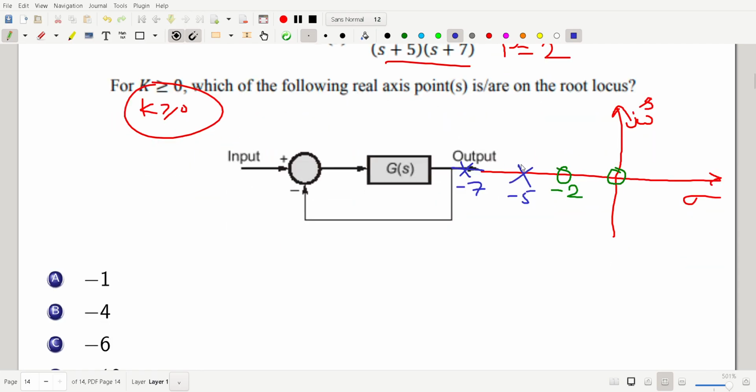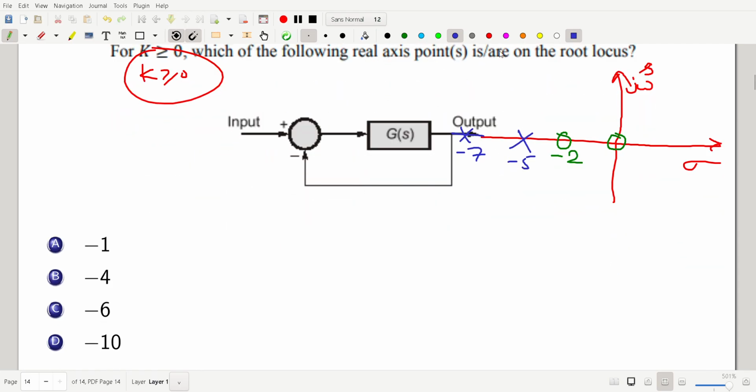Let us distinguish the regions here, this region and this region, and so on. There are 5 regions. They have given the points -1, -4, -6, -10. Here is 0 and here is -2.